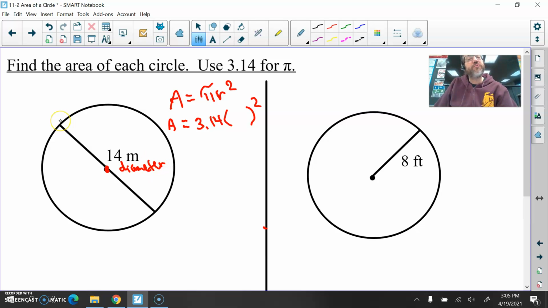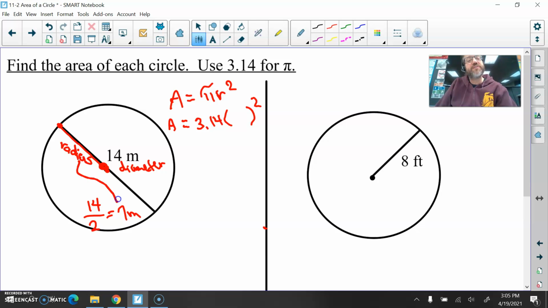So if I want to find the radius, I need to cut that in half. Remember, the radius, this measurement here, is always half of the diameter. So if my diameter is 14 meters, I have to divide that by 2 to get the radius.